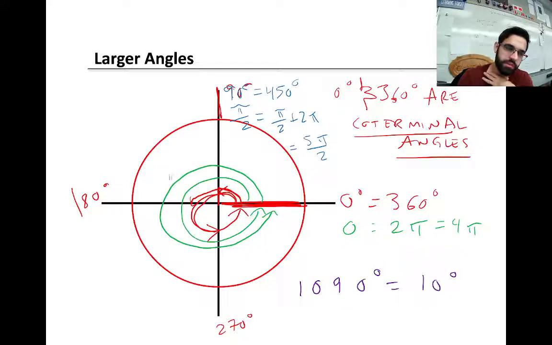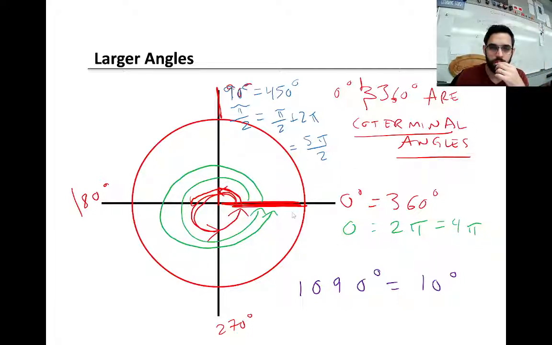180 degrees means we keep going counterclockwise until we hit the other side of the x-axis. 270, and then 360 comes right back to 0. Because on the unit circle 0 degrees and 360 degrees both terminate at the same position, we're going to call 0 and 360 coterminal angles.